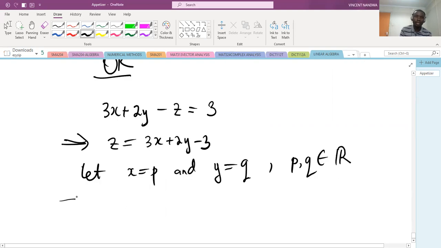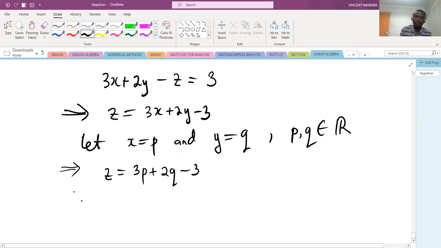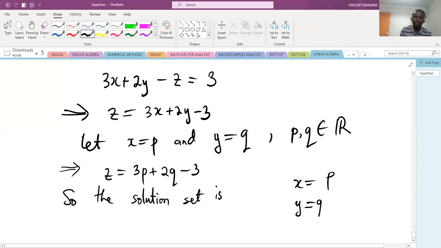So this means that z will be 3p plus 2q minus 3. So the solution set is x equals to p, y equals to q, and z equals to 3p plus 2q minus 3, where p and q are real numbers.